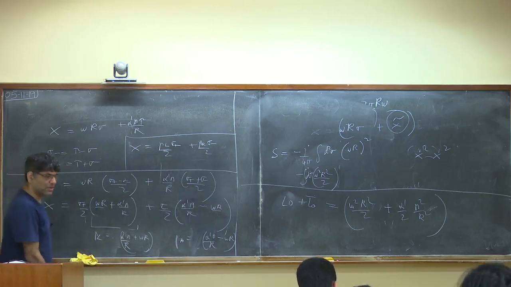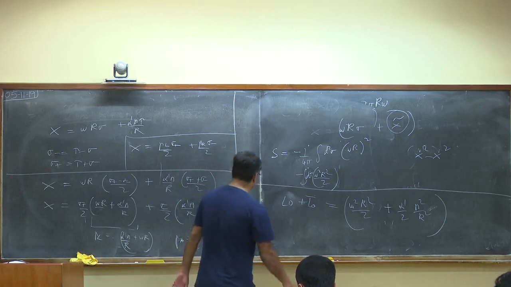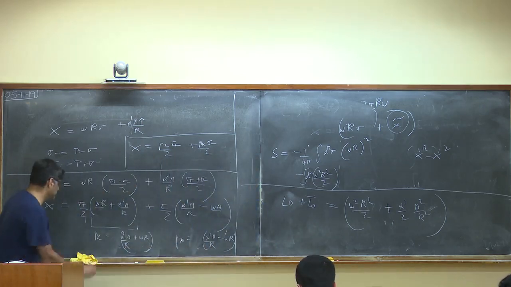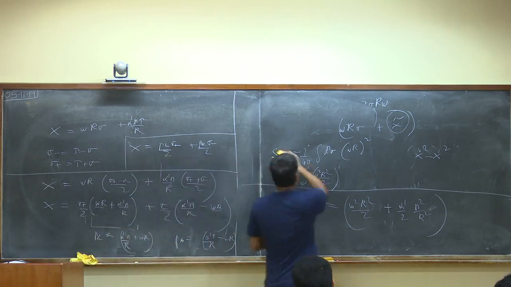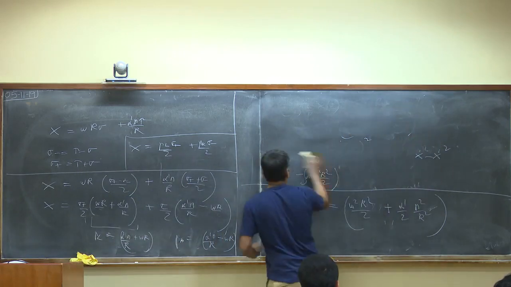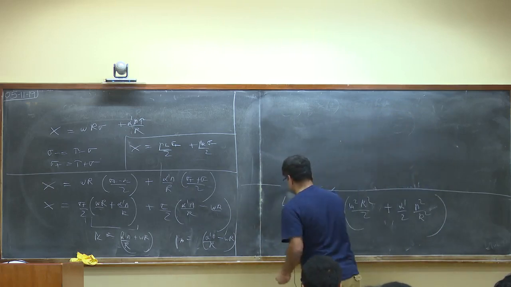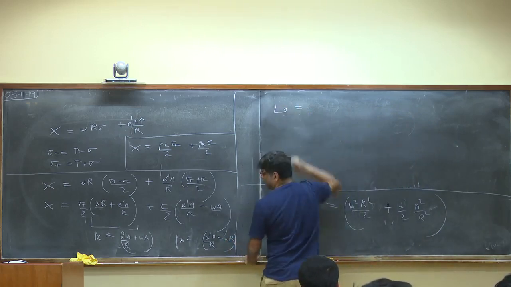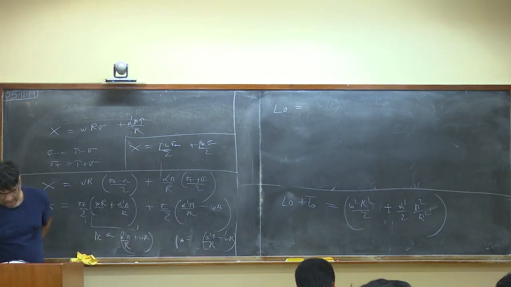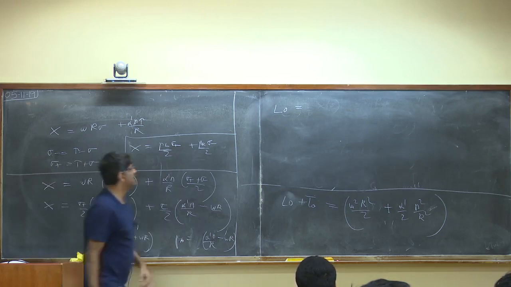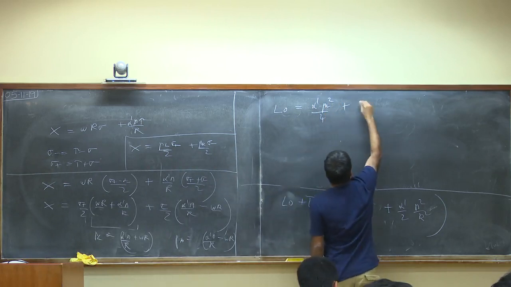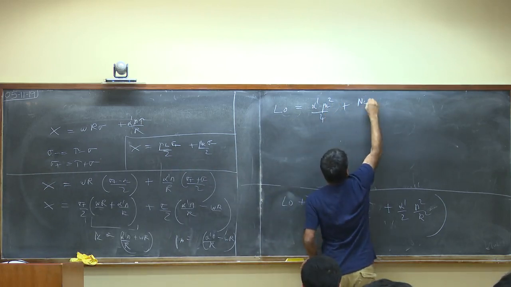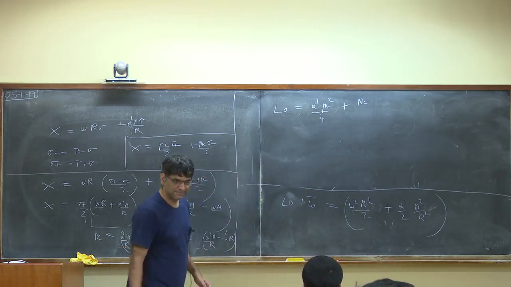And then with this convention, L0 is equal to, he claims, let's check this, alpha prime p_L squared by 4 plus N_L, the left moving oscillator number.